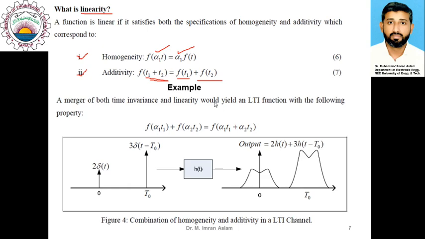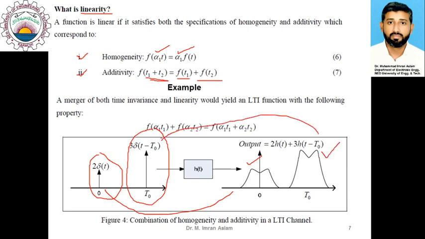Say for example, if an LTI system is here and I am adding two inputs, one is this one and the second is this one. So these are two inputs. The overall response will be the sum of the outputs of these two. The first is the output because of this one, and the second is the output because of this one.